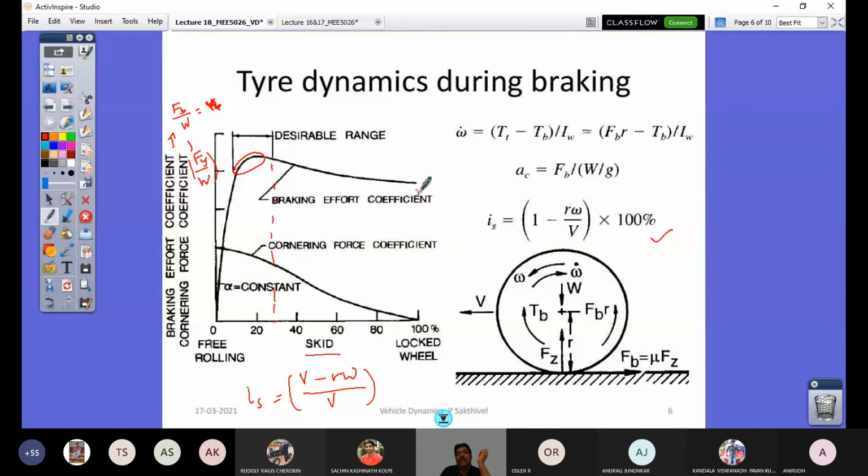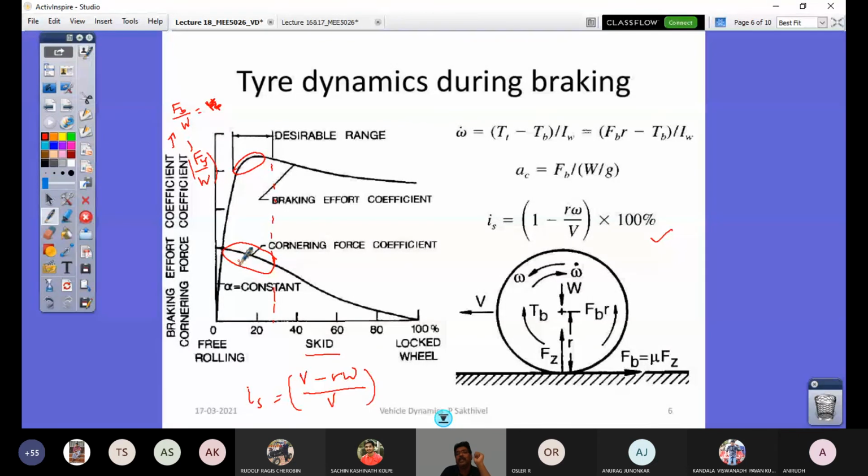At the same time, the available lateral forces also drastically reduce. So you have to have adequate lateral force availability. That is because of these coefficient values for the operating range of braking condition, braking effort. This is to be achieved, and this can be achieved only through an ABS.